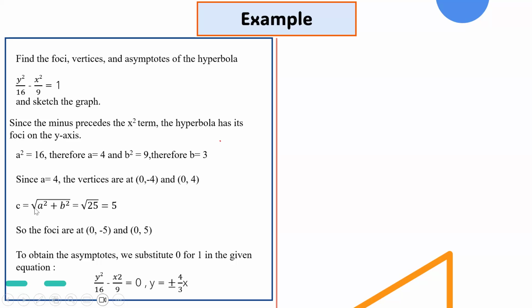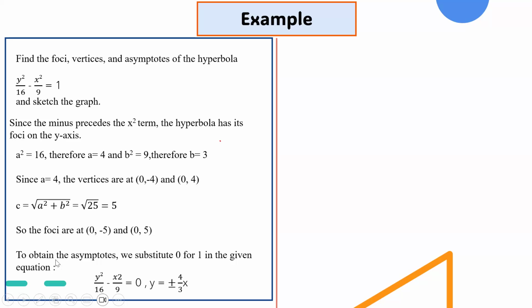Now, using our eccentricity formula, c is the square root of a squared plus b squared, which will be 16 plus 9, giving us 25. The square root of 25 will give us 5. So the foci are 0, -5, and 0, 5.